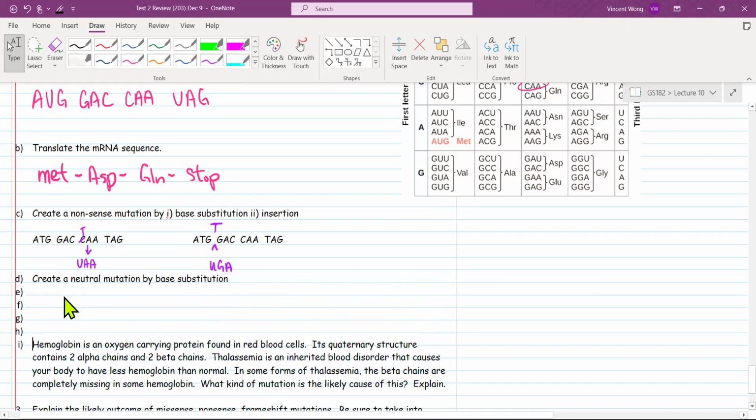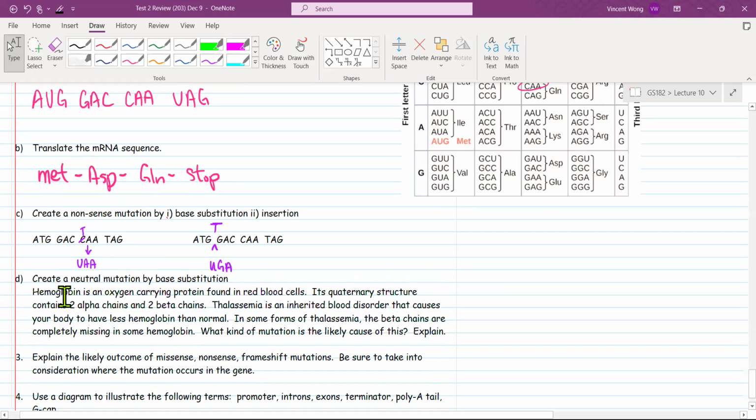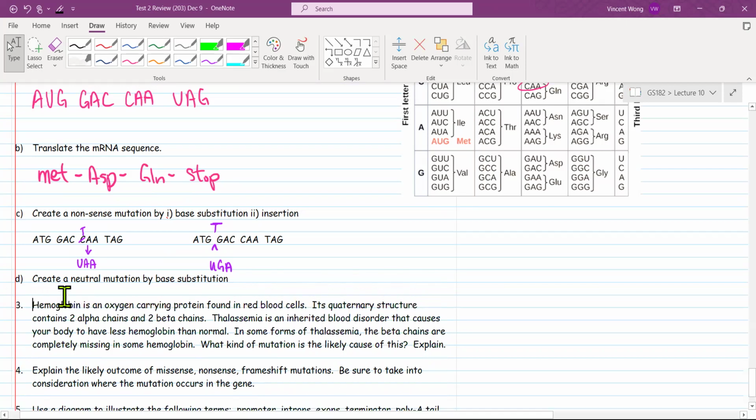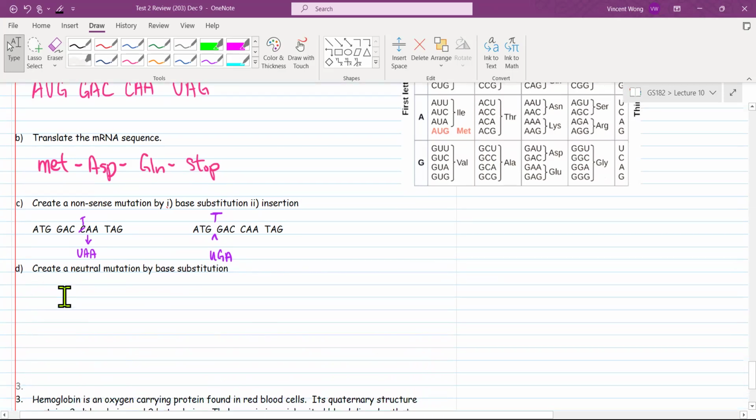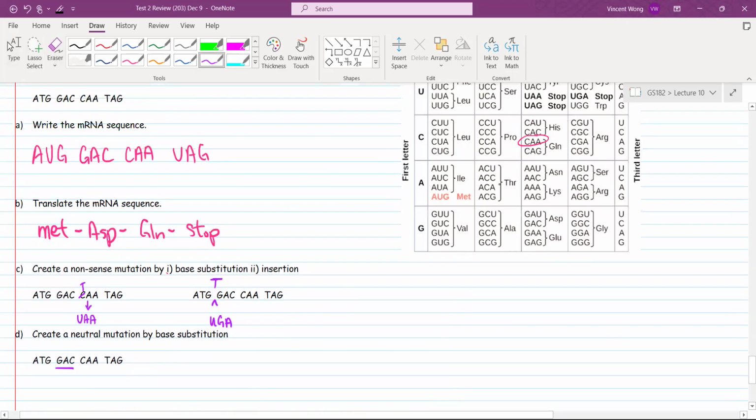Next one here. The numberings are wrong, but that's okay. I'm not going to fix it. Create a neutral mutation by base substitution. So pick any. This is GAC, right here, which codes for ASP.